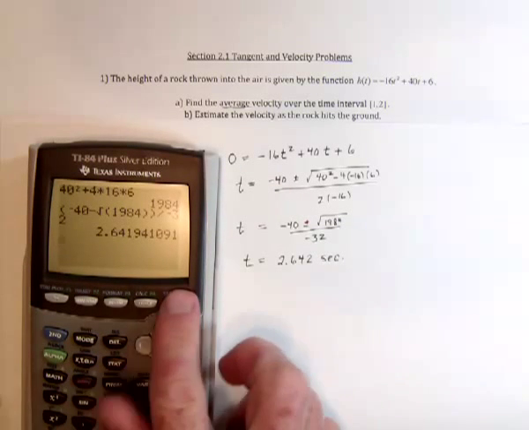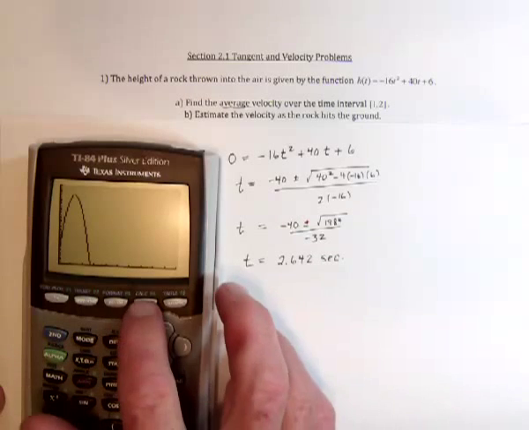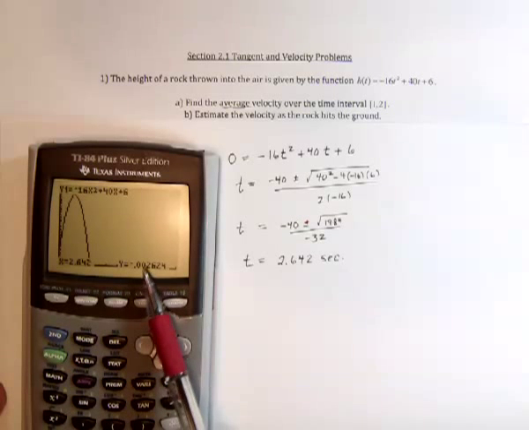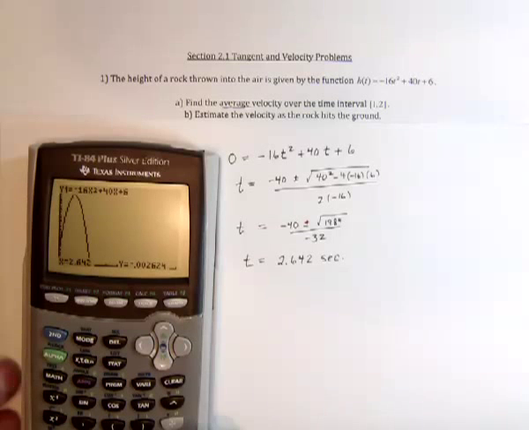And I can verify that by going back to the graph and pressing trace and typing in the 2.642. Now since I rounded a little bit, this isn't exactly 0, but it's pretty close. If I would have used 2.6419, I forget what it was, the next one was, but then it's going to be a little bit closer to 0.